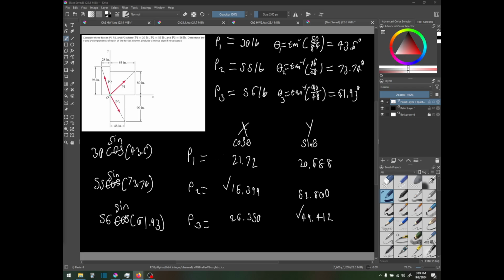Let's see. Let's replug this in. P2 is 55 cosine 73.74, which is 15.399, which is wrong somehow.